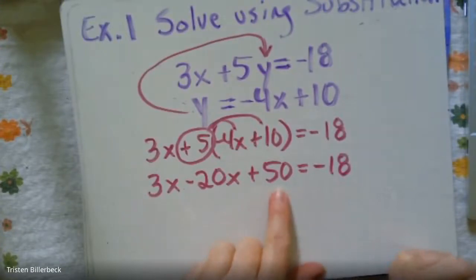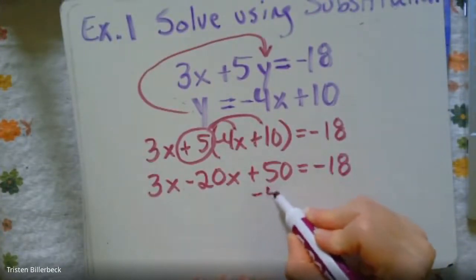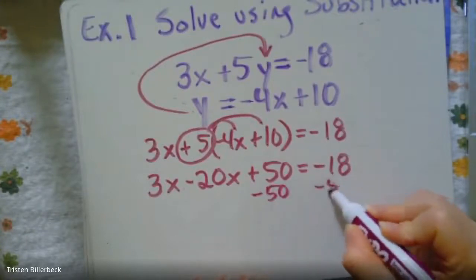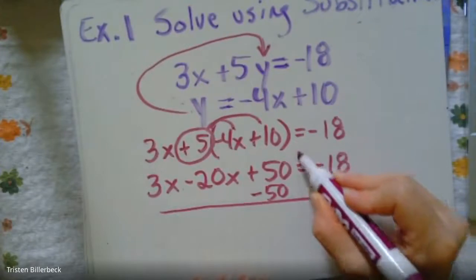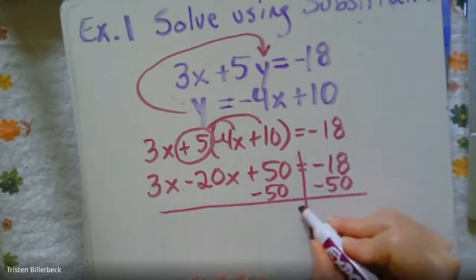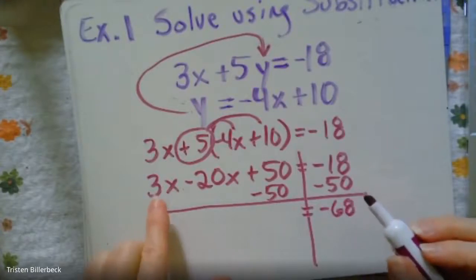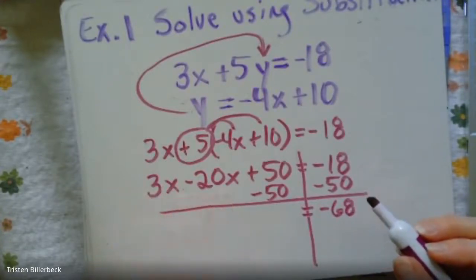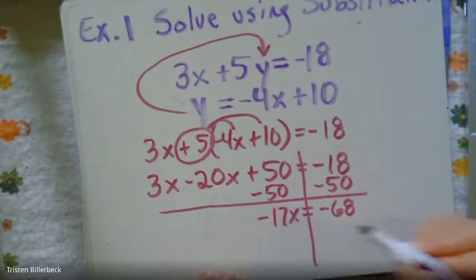So I'm going to move this 50 to this side using an additive inverse of negative 50. That's going to give me a negative 68 right here. And then 3x minus 20x gives me a negative 17x.